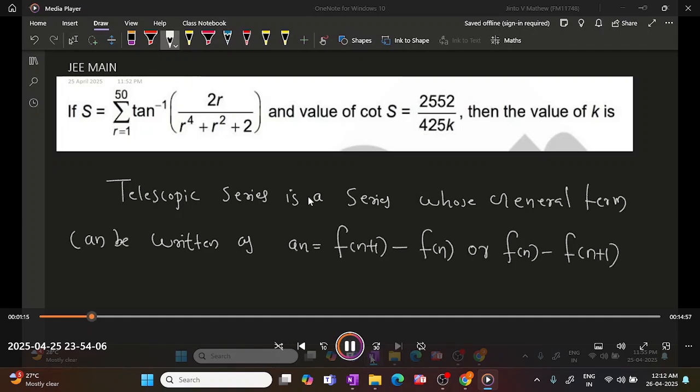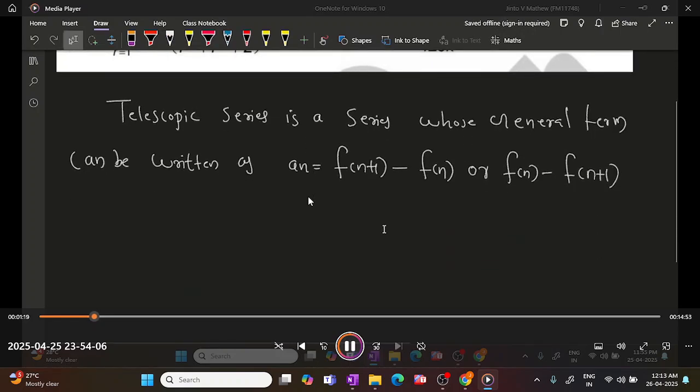Both are nth term of telescopic series. An example to an nth term of telescopic series.